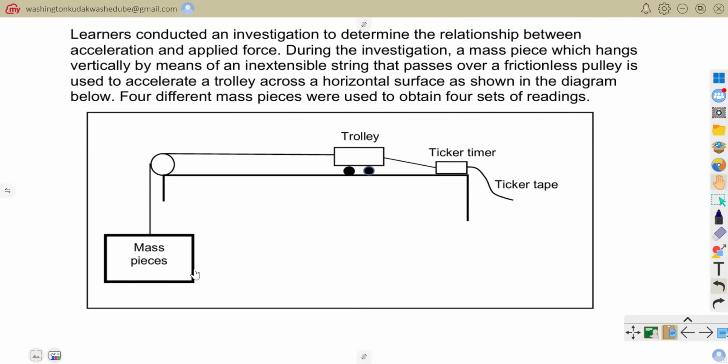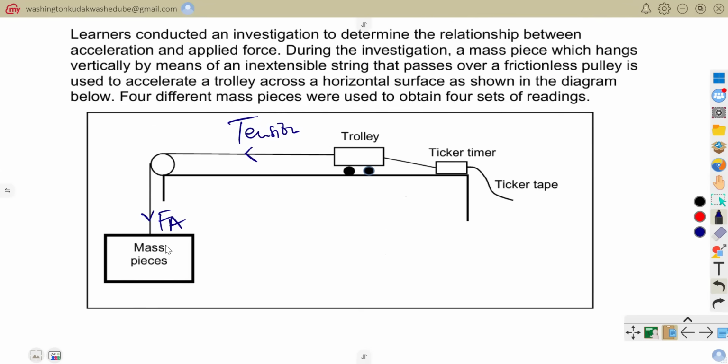So we're using this mass piece to apply some gravitational force that will pull this trolley this side, so that we can examine the relationship between acceleration and applied force, where this applied force becomes our tension. So applied force is due to this mass. So this is where we are getting our applied force.